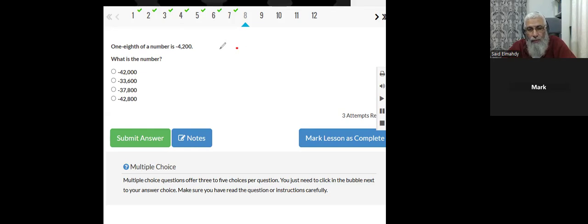How to write an equation for this? 1/8 of a number is 1/8 of x. Of means multiply by x. Is means equals negative 4,200. How to solve this for x?